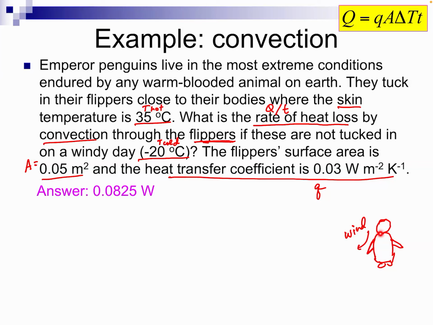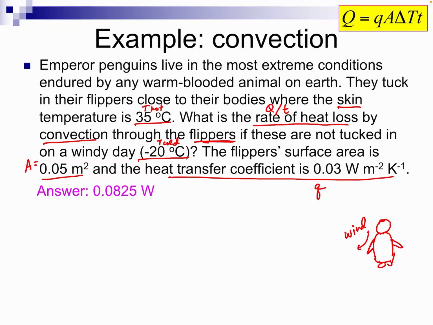At the same time, the penguin is just standing there, so there should also be some heat transfer by conduction between the penguin's body and the surrounding air particles that are quite stationary. Tomorrow, we will learn that there is also heat loss by radiation by the penguin, and we will look at radiation tomorrow.